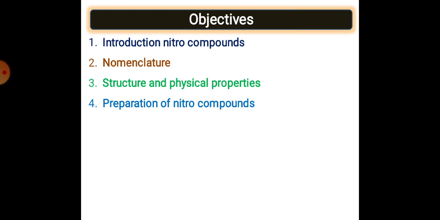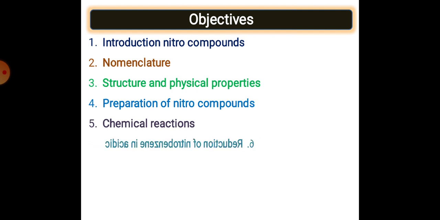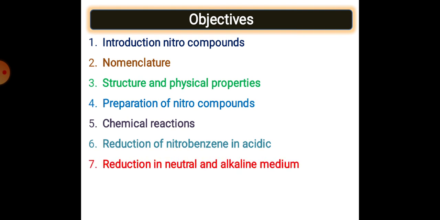Fourth is the preparation of aromatic nitro compounds. Fifth is the chemical reactions. What are the chemical reactions particularly of aromatic nitro compounds? Sixth is the reduction of nitrobenzene in acidic, basic, or lastly neutral medium. These are the chemical reactions.